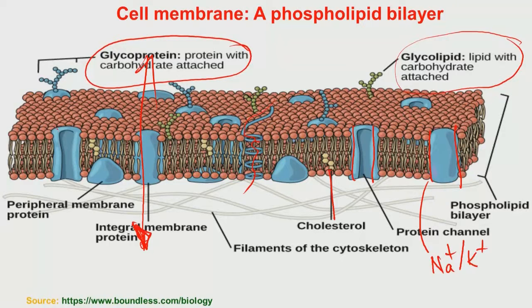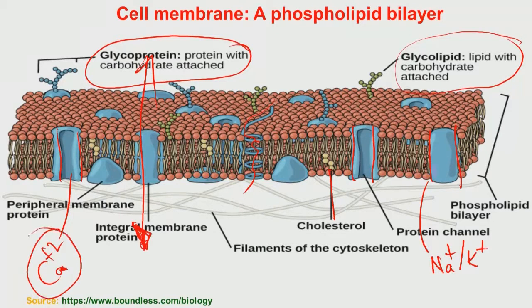In the same way, the cell membrane also has a voltage gated calcium channel. These channels sense certain voltage differences across a membrane, and accordingly they open up only to allow the transport of calcium ions.